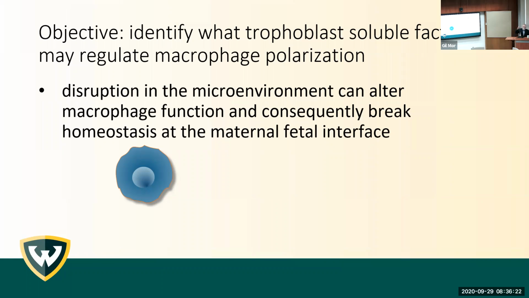So they recruit monocytes, they induce their differentiation into an M2 anti-inflammatory macrophage. So our next objective was to identify what are the factors that the trophoblast is secreting that are responsible for this conversion, for this differentiation.